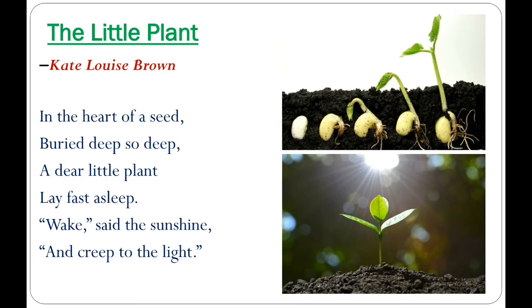The name of the poem is The Little Plant, and I wrote the poet's name. The writer of the poem is called a poet. The poet's name I wrote here in red color. I think you can see that. So I will recite now, and you will listen.